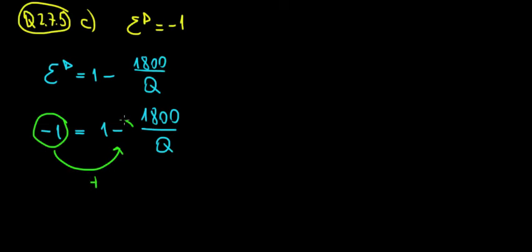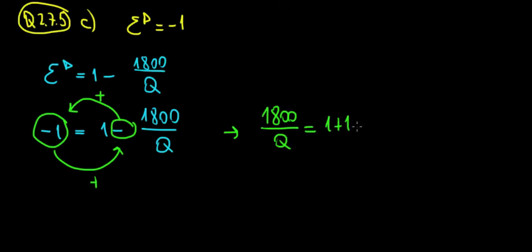And the minus 1800 over Q, we take it to the left side, which also becomes positive. Meaning that we will have 1800 divided by Q equals 1 plus 1, or 1800 divided by Q equals 2, which means that quantity equals 900, and that's the answer.